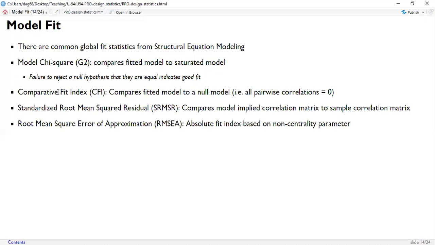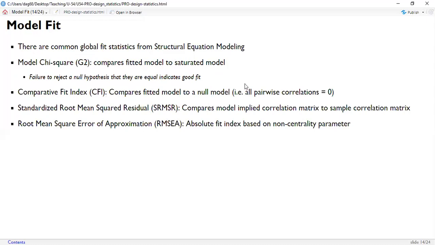You also have the comparative fit index. There's a few similar ones by different names, but this is one of the more popular ones. That compares your fitted model to a null model, where all pairwise correlations are equal to 0. So the null model assumes there's no relationships among the individual variables.